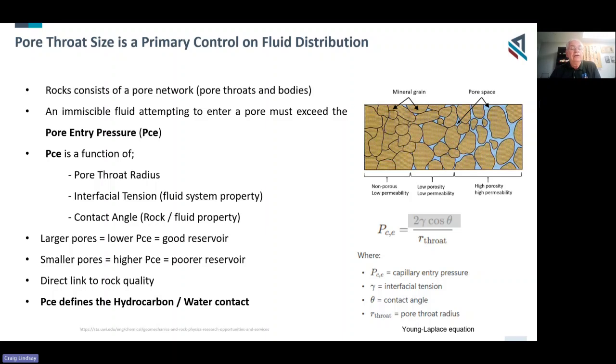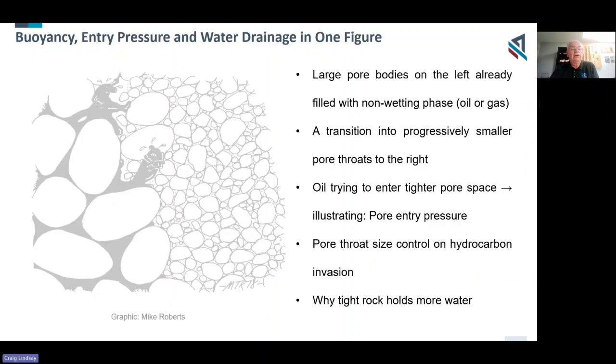And then the contact angle is a property between the rock and fluid. However, the dominant factor here, I'll show that later, is the pore throat radius. And that tends to have a strong link to rock quality: large pore throats, good rock quality, and vice versa. And this pore throat entry pressure defines the next thing we're interested in, the hydrocarbon water contact.